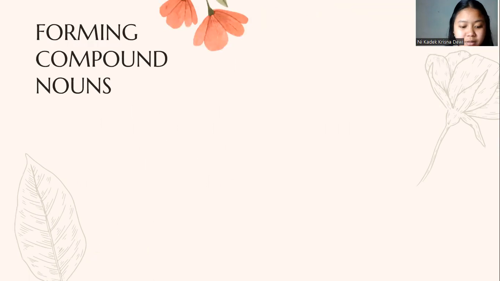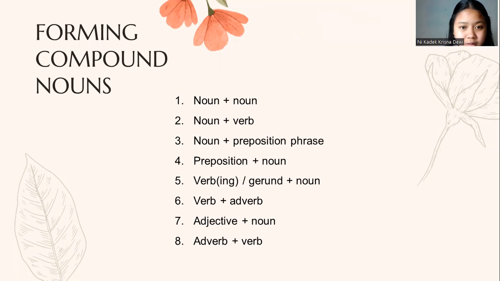Forming compound nouns. You can form compound nouns by combining different parts of speech. All compound nouns, though belonging to different parts of speech, perform the same function as a noun. This is the type of forming compound nouns.